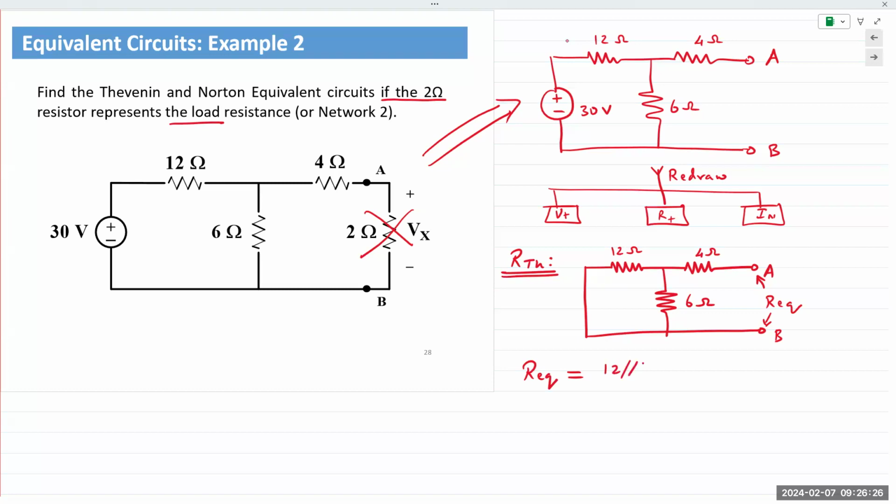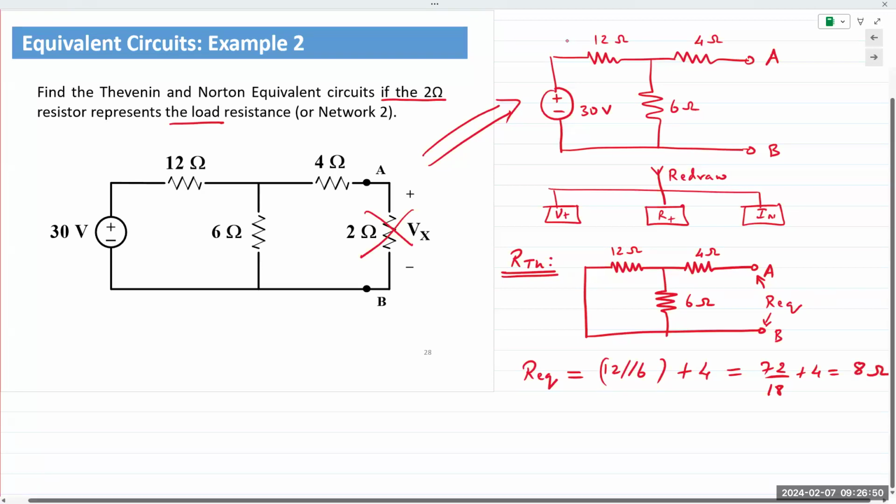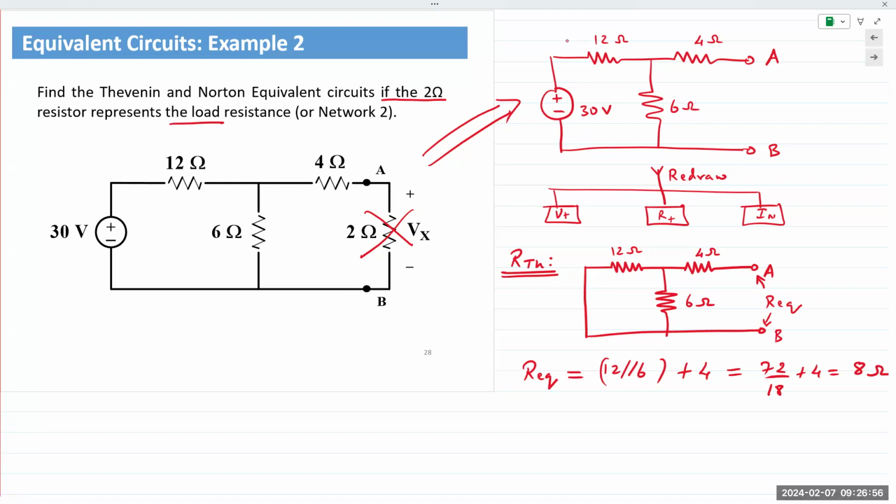I have 12 in parallel with 6 plus 4. 12 in parallel with 6 is 72 divided by 18, plus 4. 12 times 6, 72. 72 divided by 18, 4, 8 ohms. Yep, 8 ohms. The resistance is 8 ohms.